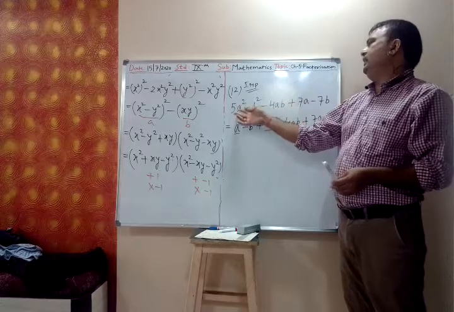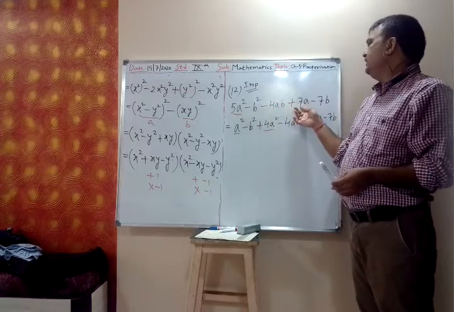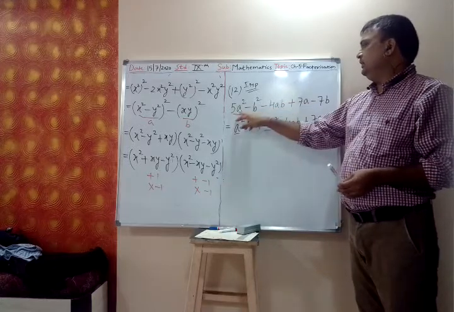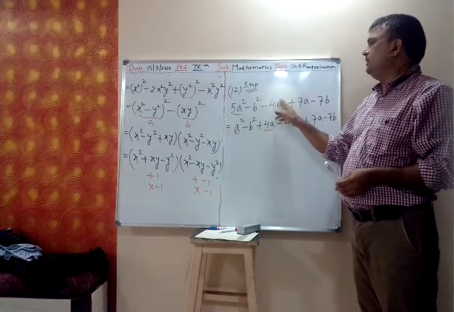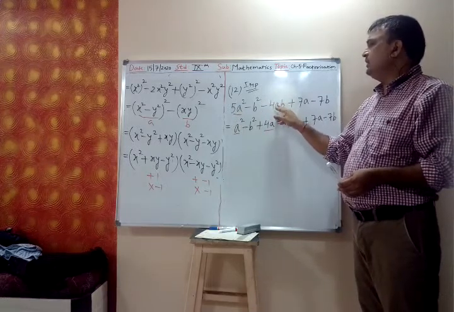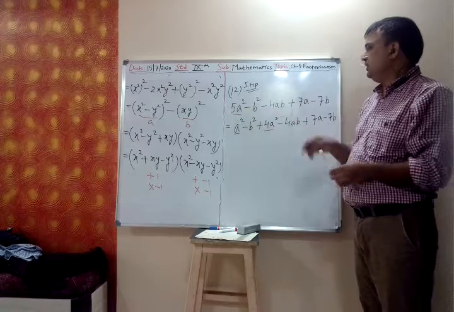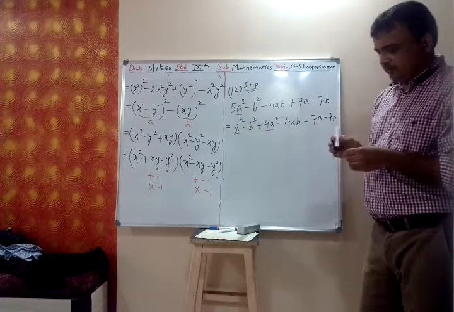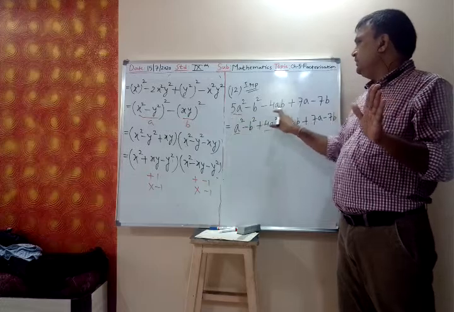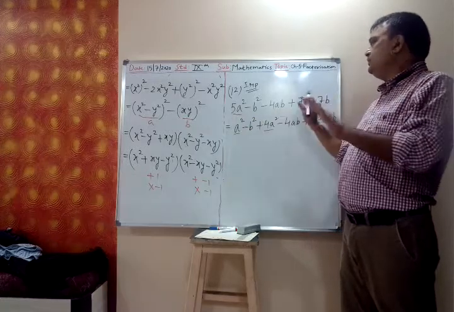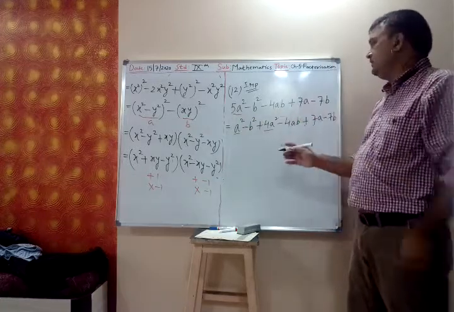See, the middle term is 4ab, no? So you want the term of a and b, which means you want a square and b square together. You can take the first 3 terms and the remaining 2 terms, simplify, and you will get the same answer.